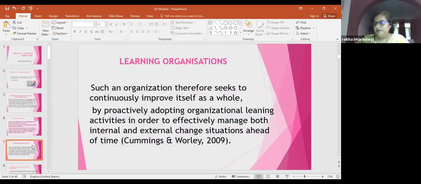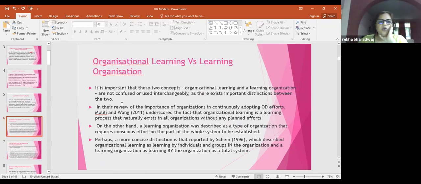So such organizations seek to improve as a whole by proactively adopting organizational learning activities in order to effectively manage both internal and external change.